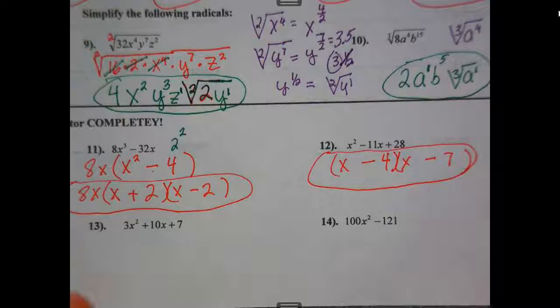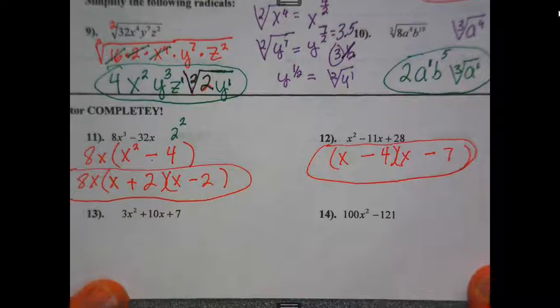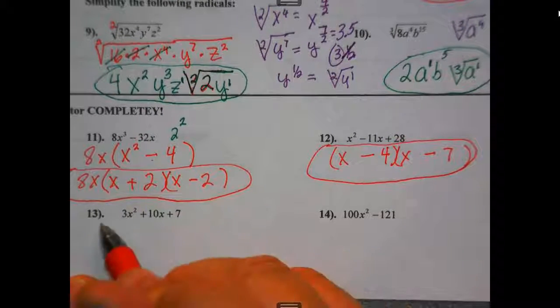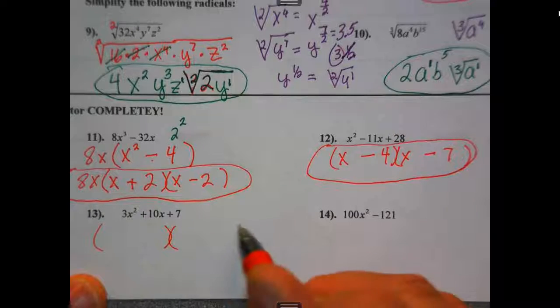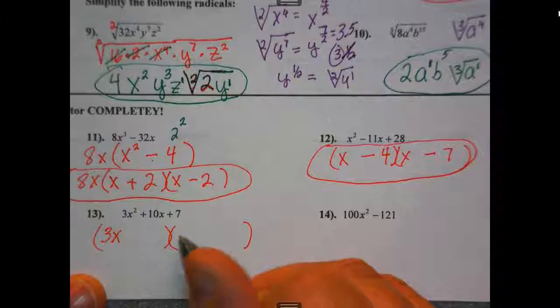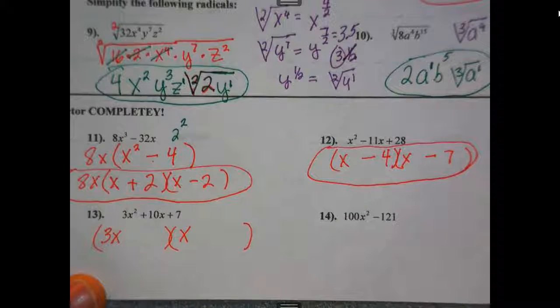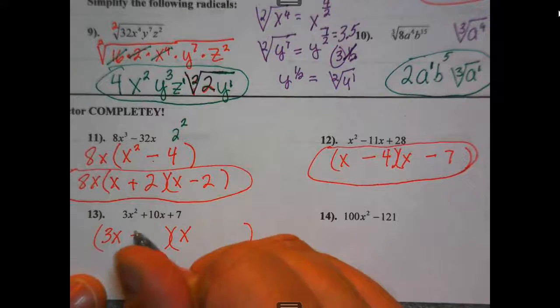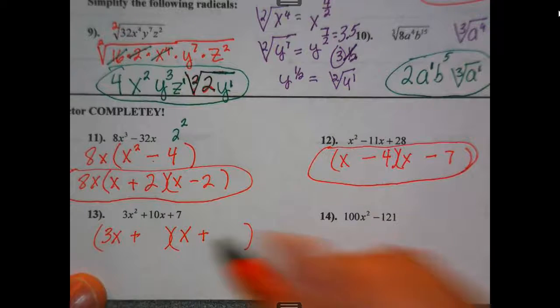Okay, number 13. Even though a isn't 1, this isn't all that hard because there's only one way to get 3x squared, isn't there? 3x times 1x is 3x squared. Same sign, so both of these are going to be the same. Do I want minuses in there or pluses? Pluses, because they add up to a positive number.